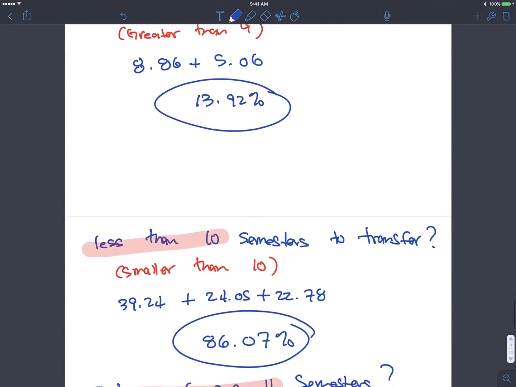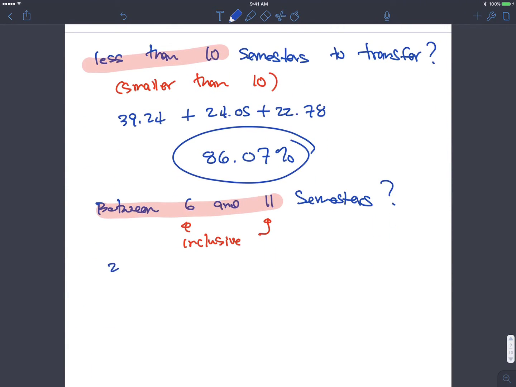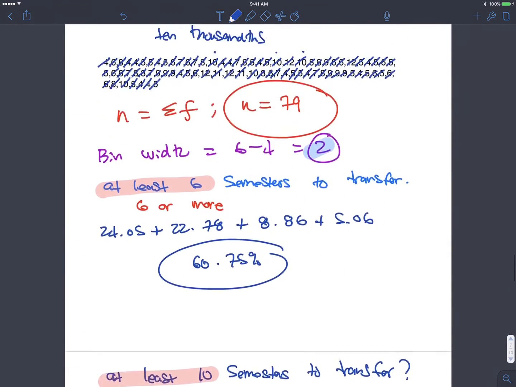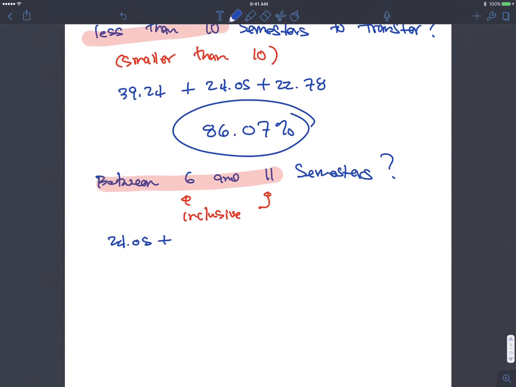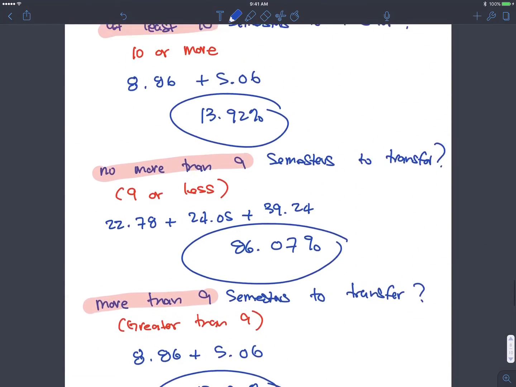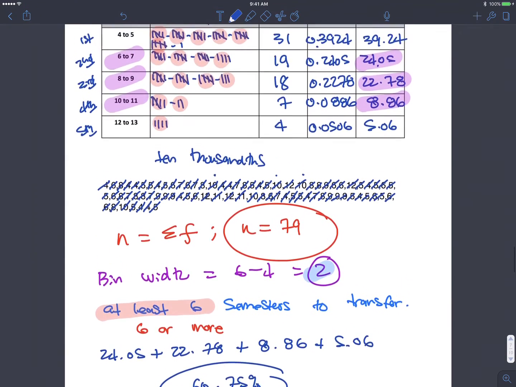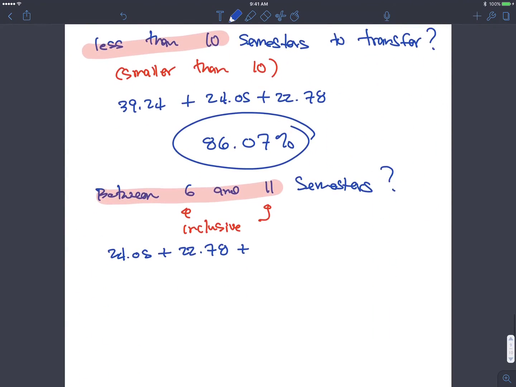24.05. 22.78. And 8.86. So let's add these. 24.05 plus 22.78 plus 8.86.